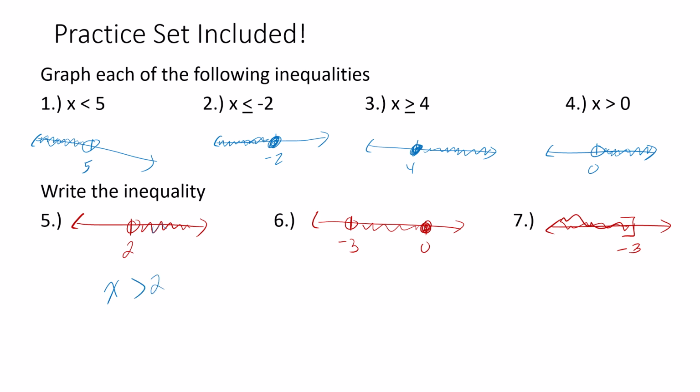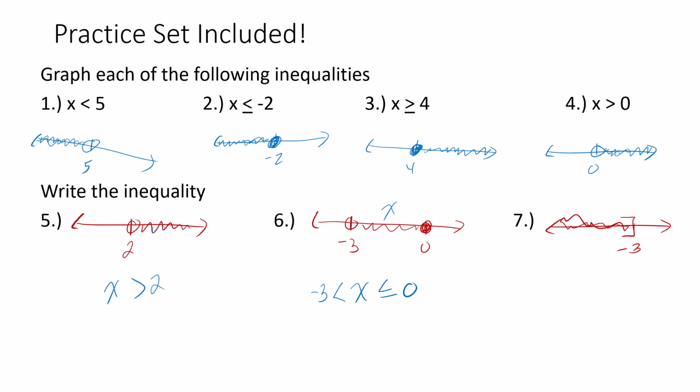This one is tricky, and that's because I like to push the boundaries in my practice sets, just to see what you'll do with it. So we're looking for numbers that are in between -3 and 0, but the -3 is not included. And so the way you would write that is you would use the inequality without the equal sign because it's not included for the -3, and you'd use one with the equal sign for the 0.